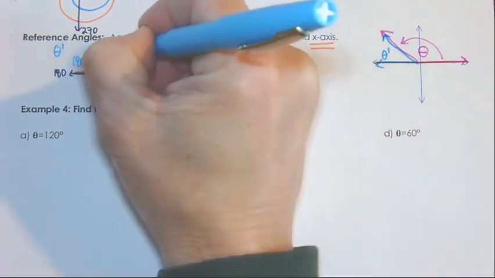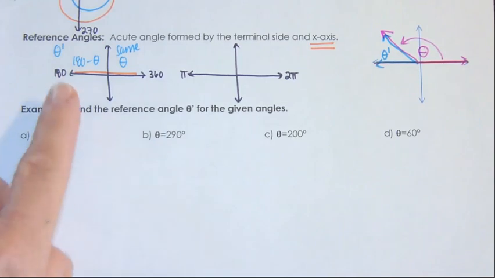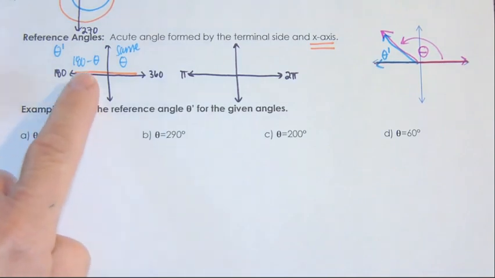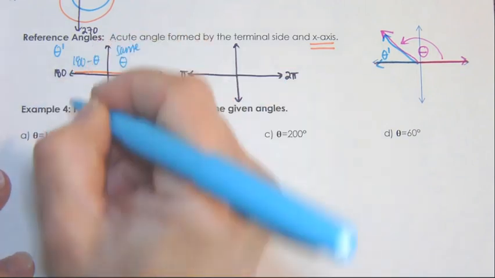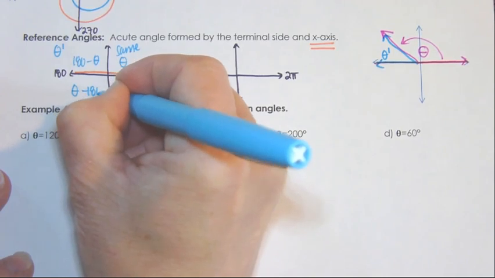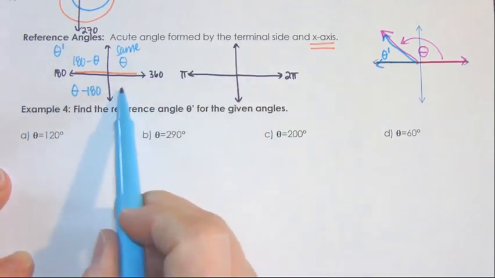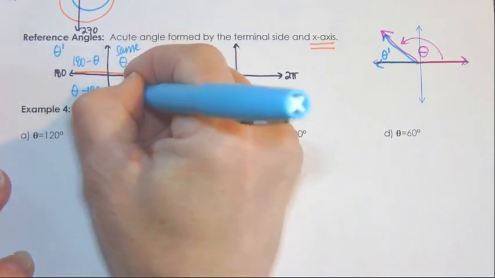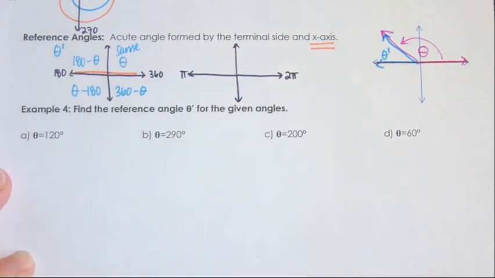That's the easy one. If my angle's terminal side ends up in the third quadrant, I'm going to have to do theta, because it's bigger, minus 180. And if it's in this quadrant, I'm going to do 360 minus theta. Again, this probably sounds really confusing right now, but it's going to help once we start doing examples.